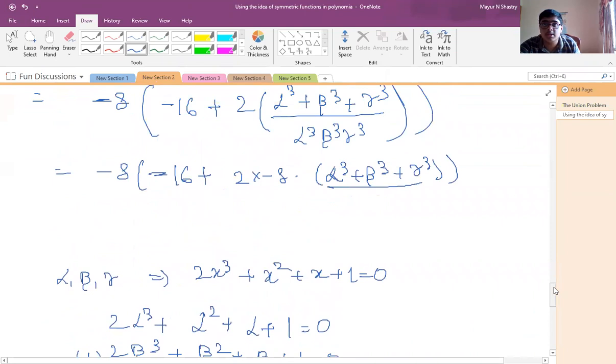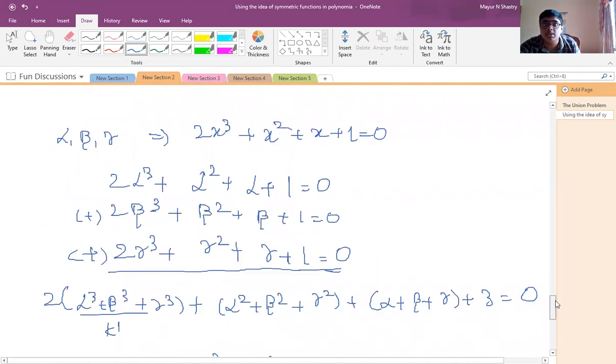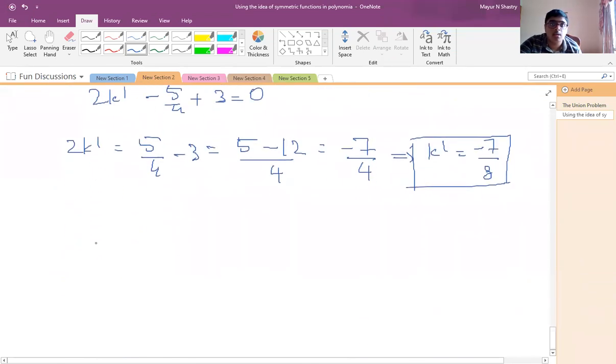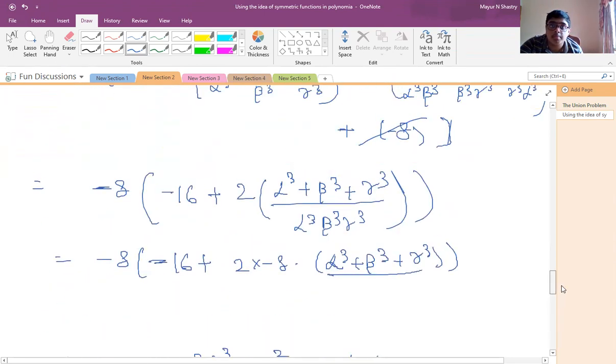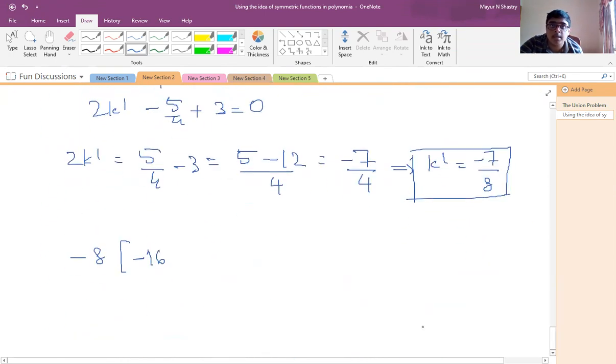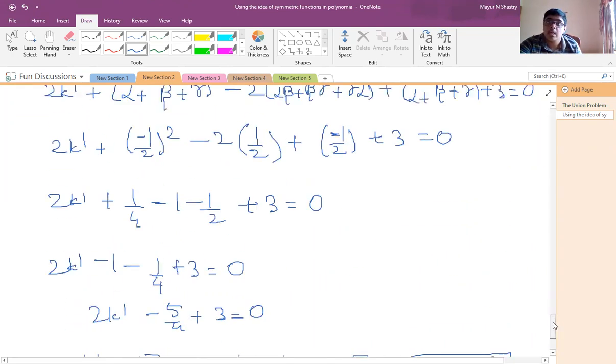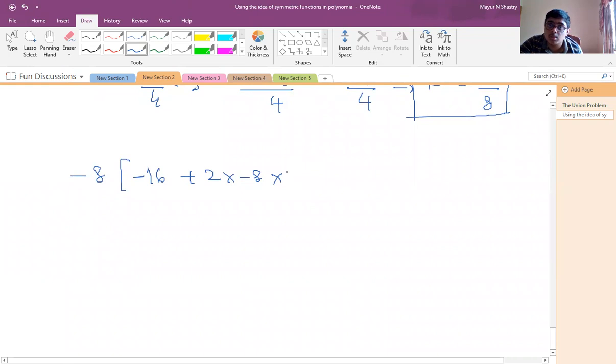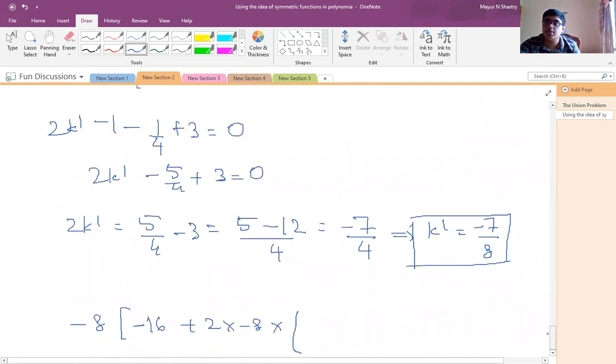And what was the expression simplified to? This expression: minus 8 times minus 16, then what else was there? Plus 2 times minus 8 times alpha cubed plus beta cubed plus gamma cubed. And what's alpha cubed plus beta cubed plus gamma cubed?